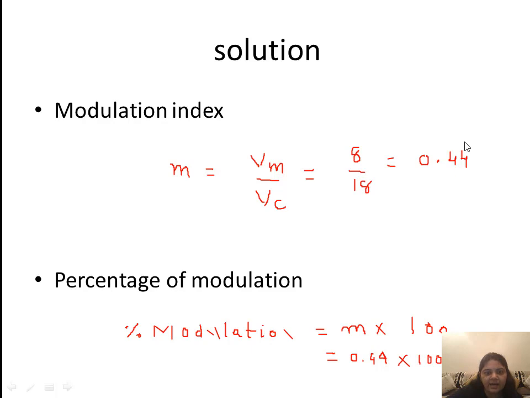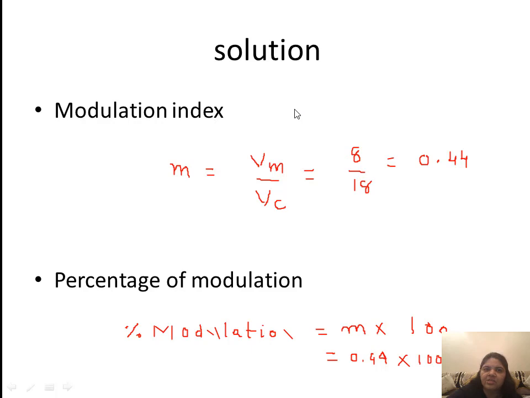If m is less than 1, it is under modulation. And m greater than 1 is over modulation. In the case of proper modulation, we can recover the proper wave. In the case of m greater than 1, distortion will occur.